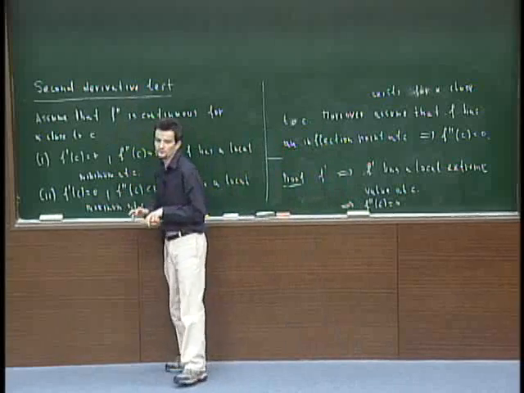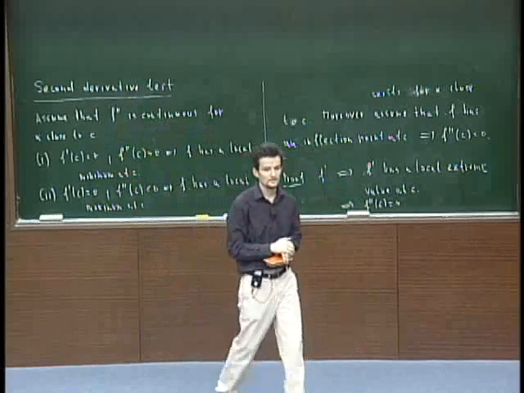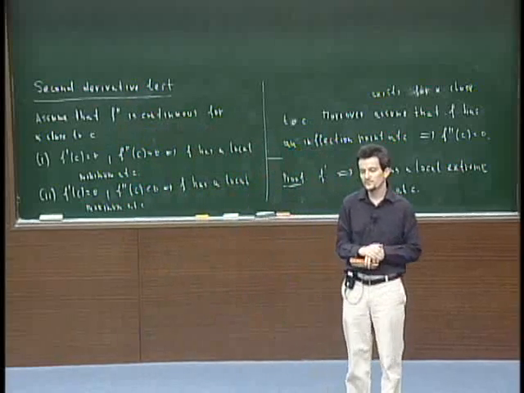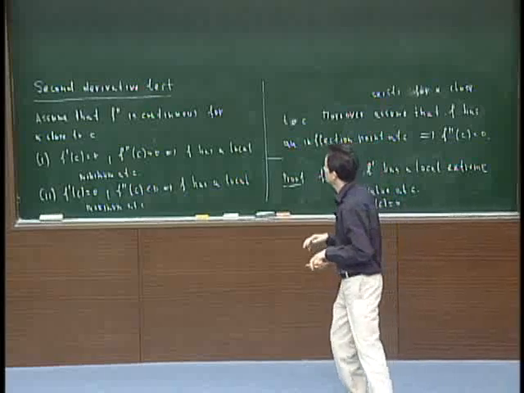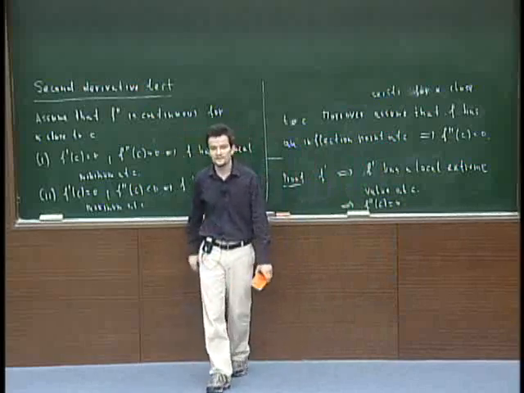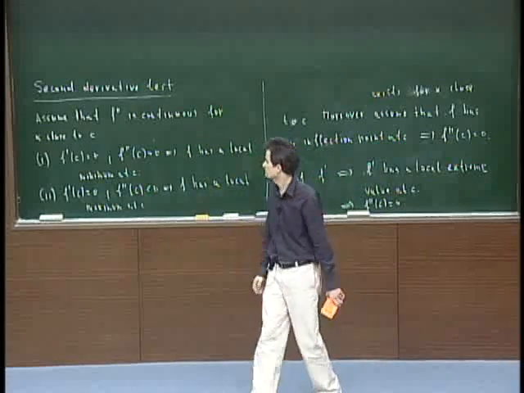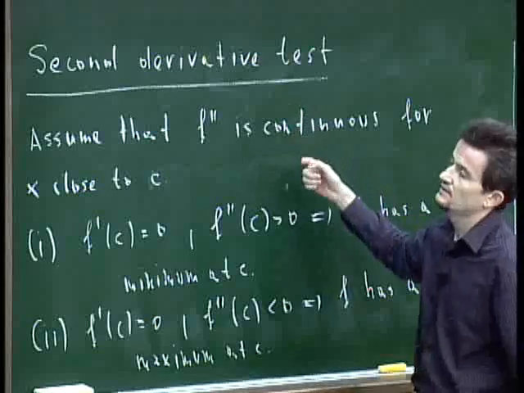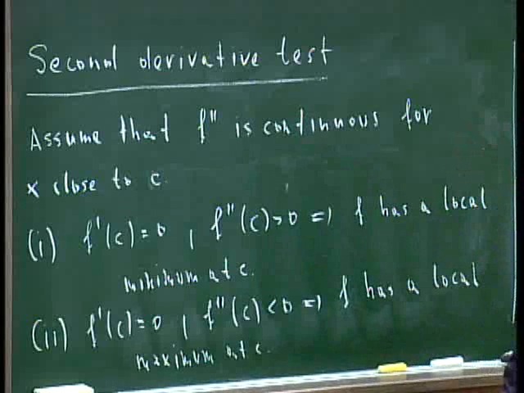Also, the second and the first derivative test solve the same task. They are quite different because you see that here the assumptions are much stronger. The only assumption which the test last time has is that f must be continuous at C, and that's it.